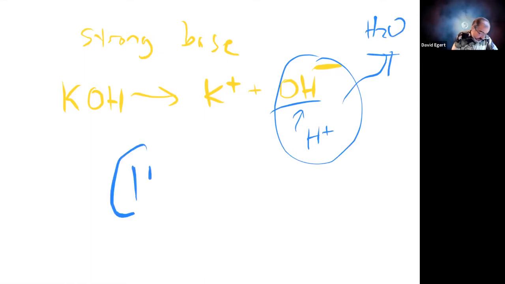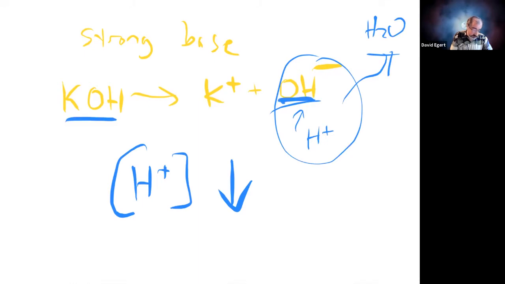So overall, the amount of H plus is going to go down. A strong base dissociates completely to release the hydroxyls, which then take the H pluses out of the solution, and the H plus goes down. But then you also have what we call weak acids and bases, and the weak acids and bases are going to be the key to the buffering systems.